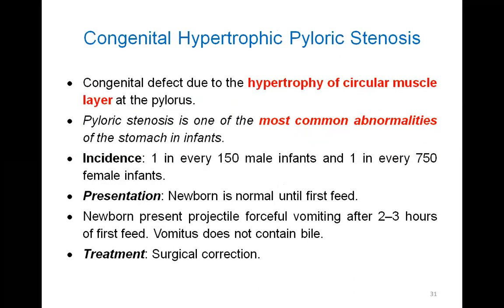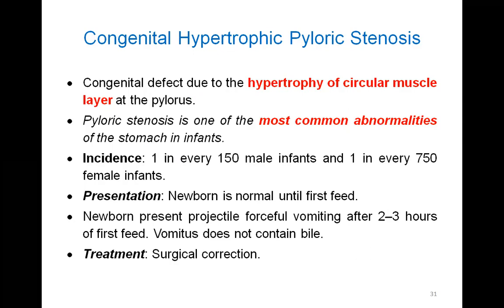Now there is a condition known as congenital hypertrophic pyloric stenosis. This is a congenital defect due to hypertrophy of the circular muscle layer of the pylorus. It is one of the most common abnormalities of the stomach in infants.